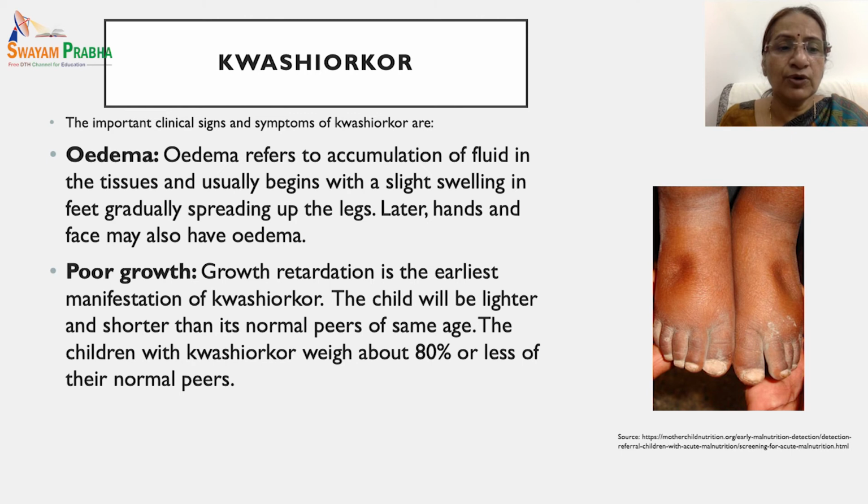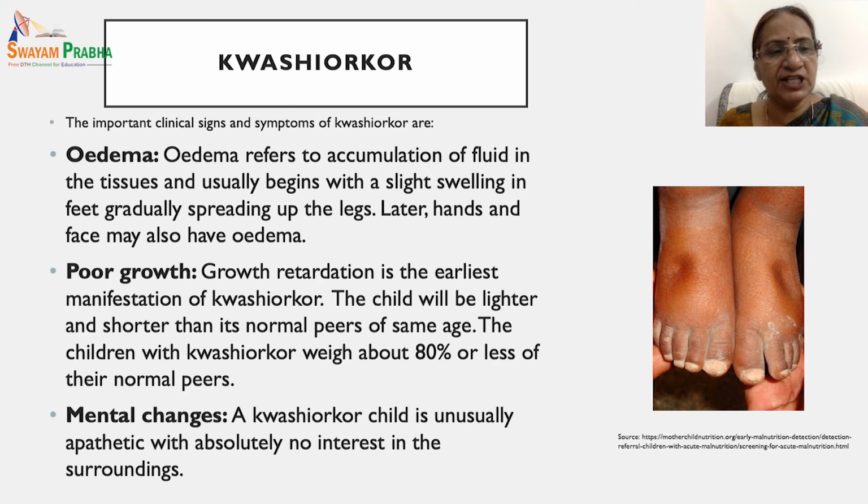Poor growth. Growth retardation is the earliest manifestation of kwashiorkor. The child will be lighter and shorter than its normal peers of same age. The children with kwashiorkor weigh about 80% or less of their normal peers. Mental changes.